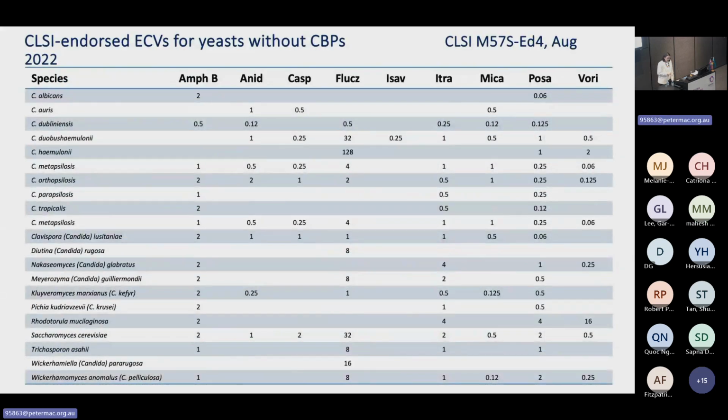So there are quite a number of CLSI-endorsed ECVs now for interpreting MICs in common yeasts. And so even in the absence of a clinical breakpoint, we can still interpret MICs for many fungi and drug combinations, and we can put those interpretations on our lab reports.